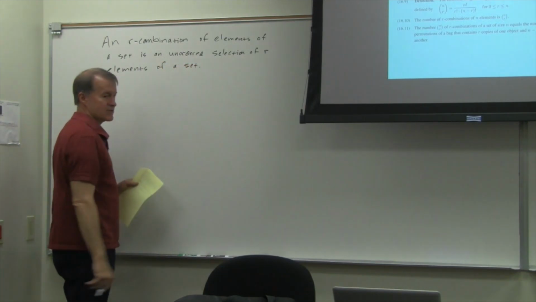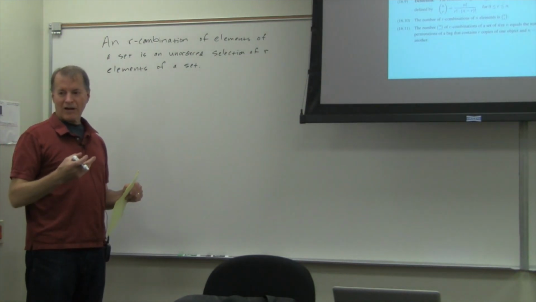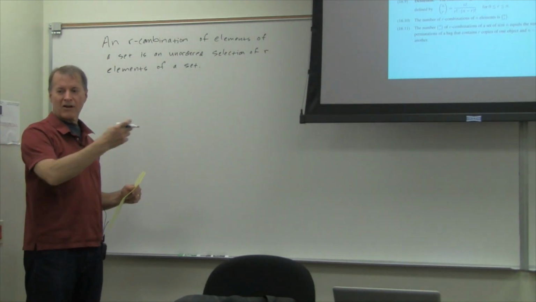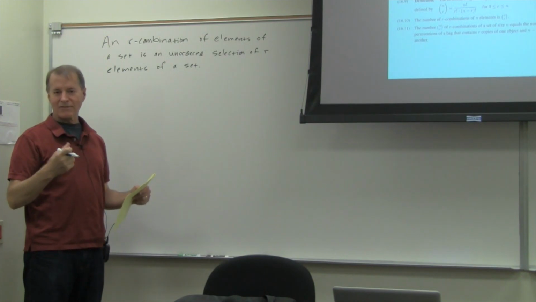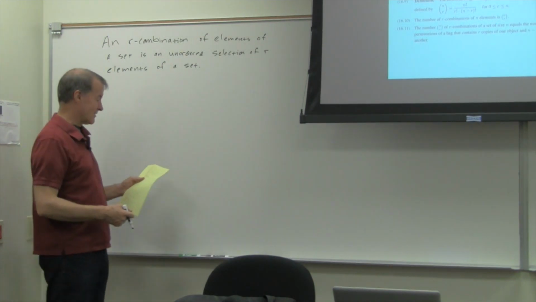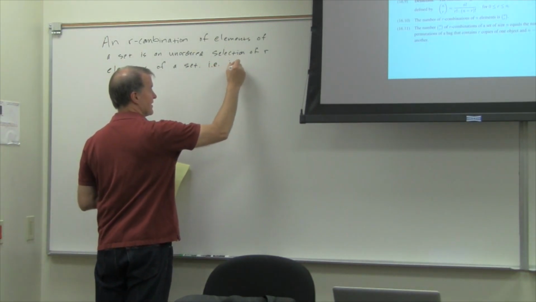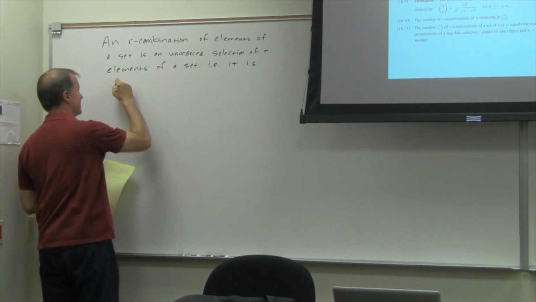Well, what's another word for that? If you have a set and you have an unordered collection of r elements selected from that set, what do you have? A subset. In other words, it is a subset.